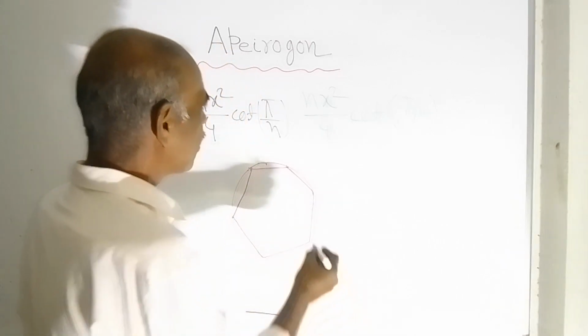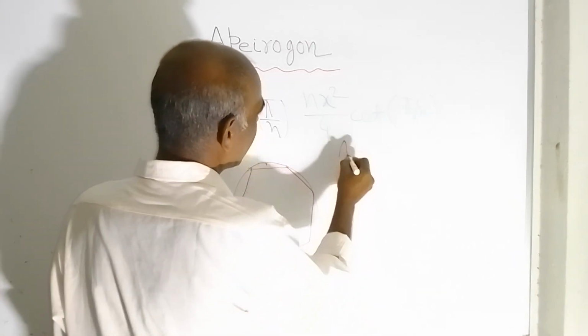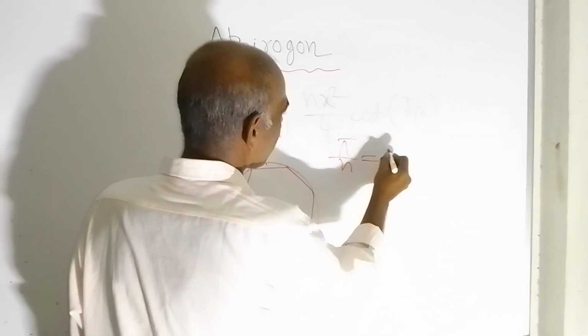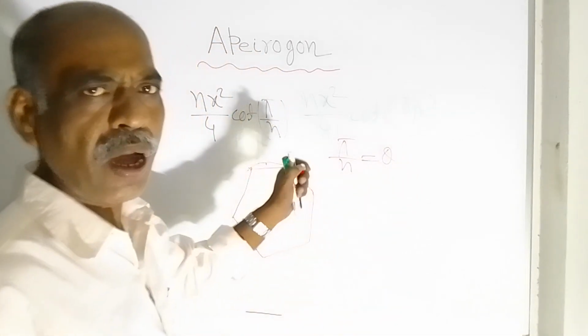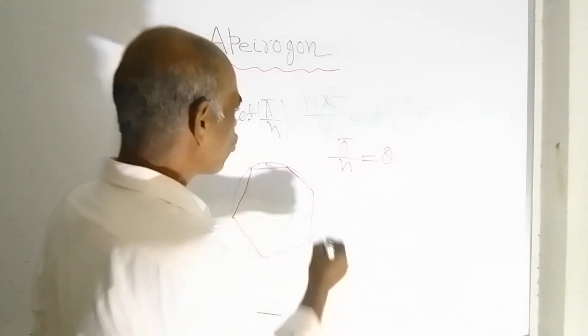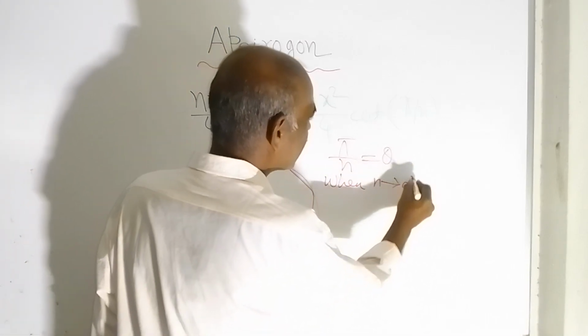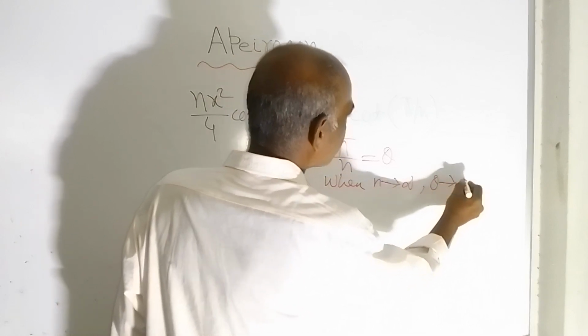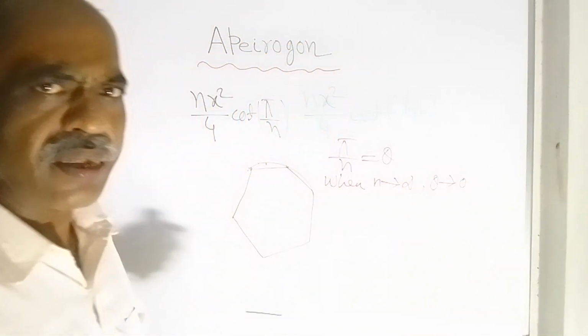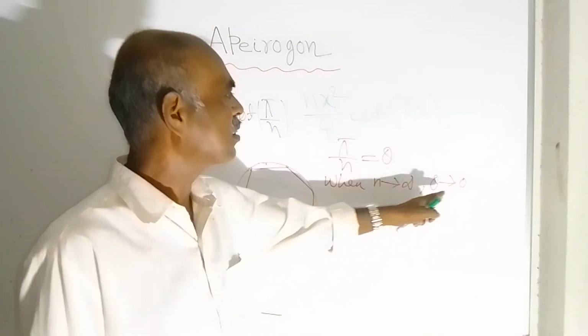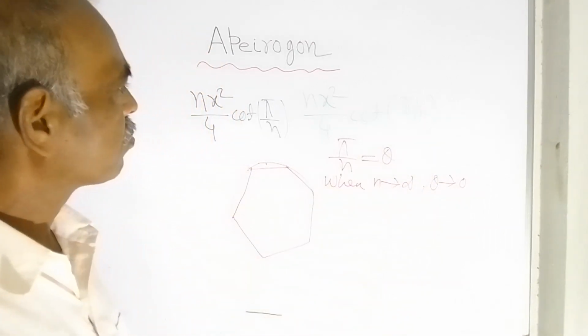Now assume pi by n is equal to theta. Instead of pi by n, we are going to write theta. So when n tends to infinity, theta tends to 0. Am I right? When n tends to infinity, theta tends to 0.